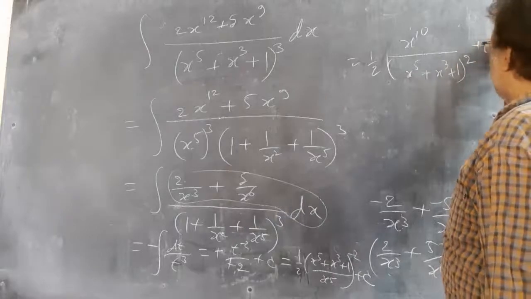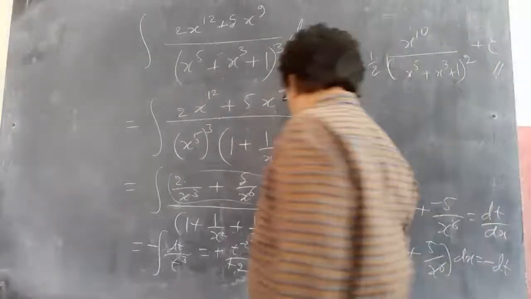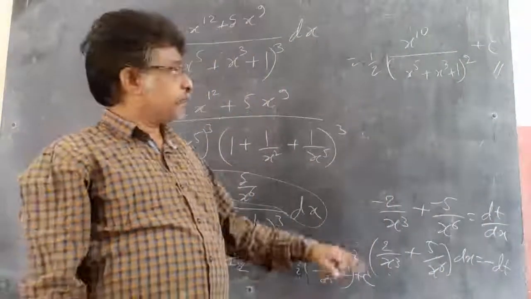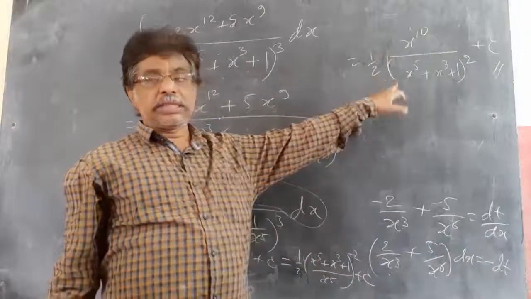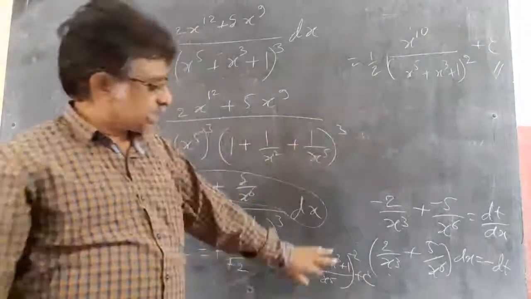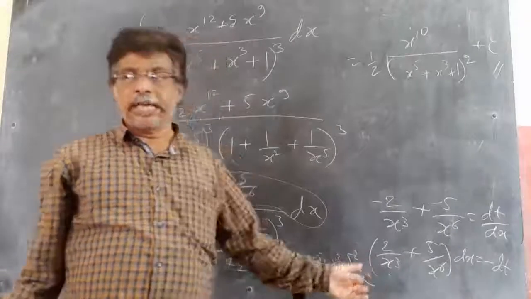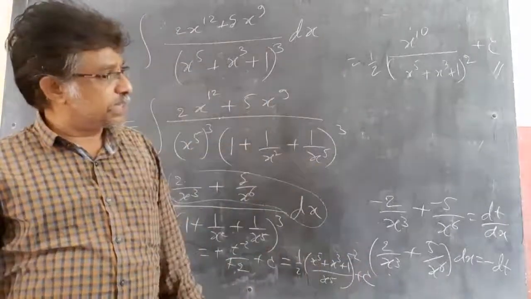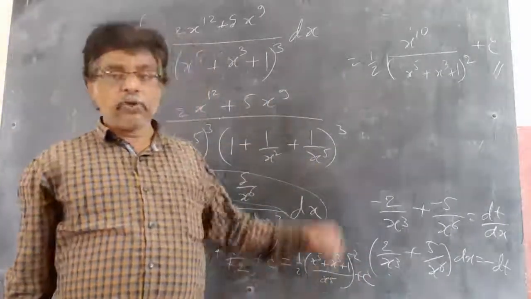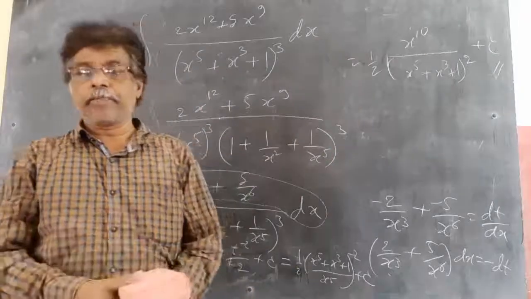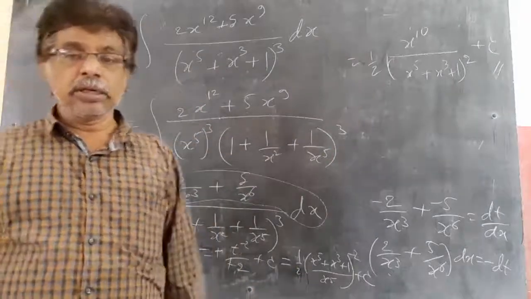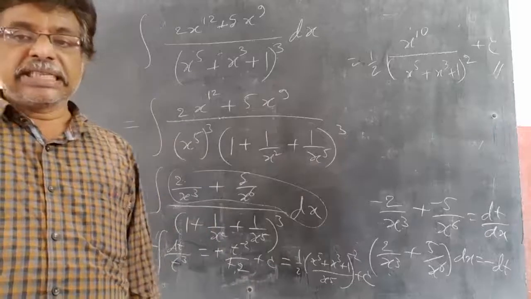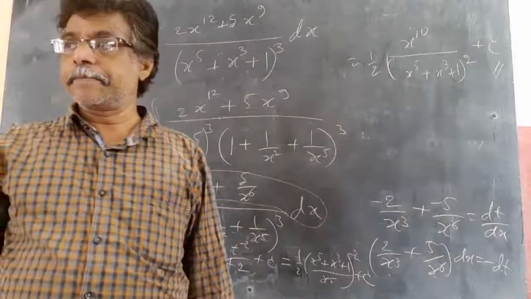This is the option given, so it is the final answer. You can just manipulate this: power minus 2 means reciprocal and making it plus 2, x^5 whole square is x^10. So like this, you can answer these types of questions very easily.